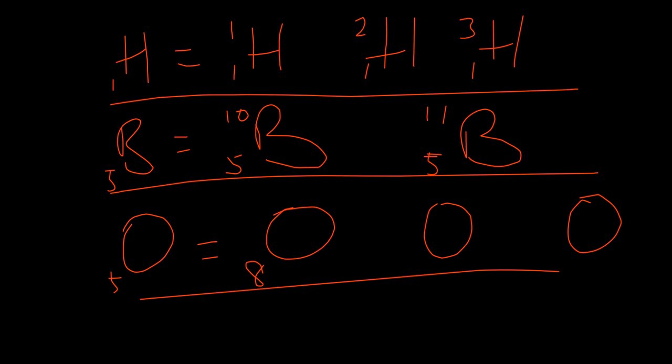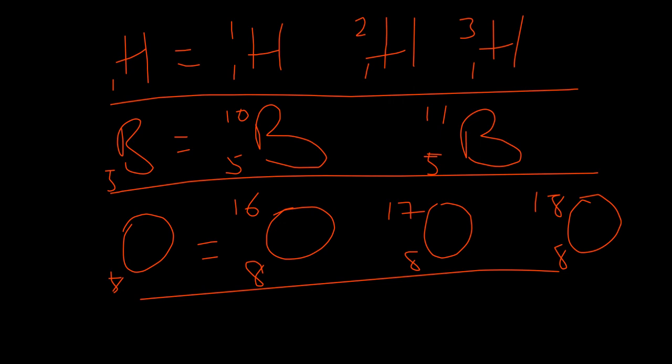So these oxygen atoms will all have atomic number of 8. However, the first isotope of oxygen has a mass number of 16, this one has mass number of 17, and that has mass number of 18. So these are three isotopes of the oxygen element. So I believe you understand what isotopes are.